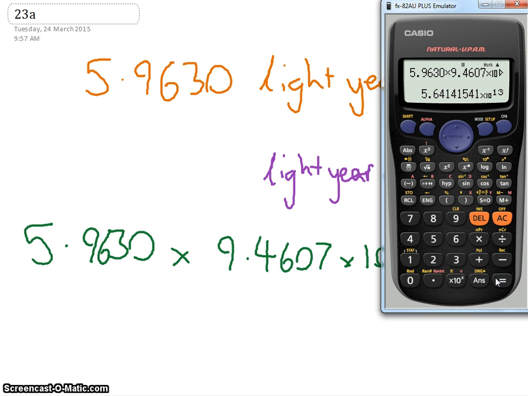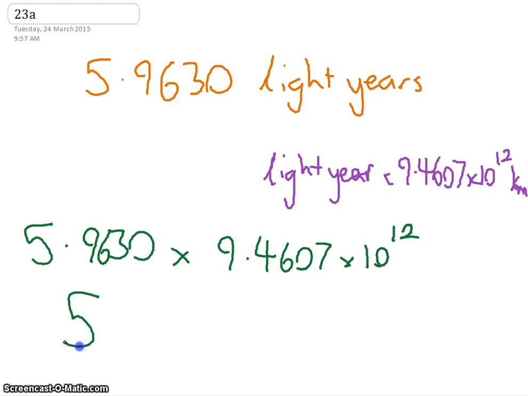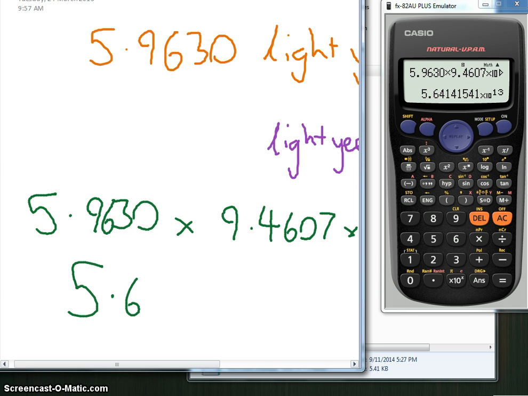Press equals and you get that. Guess what? It's already put it into scientific notation for you. 5.64151 times 10 to the 13. Now the only problem is that's a big number that's really awkward to say.